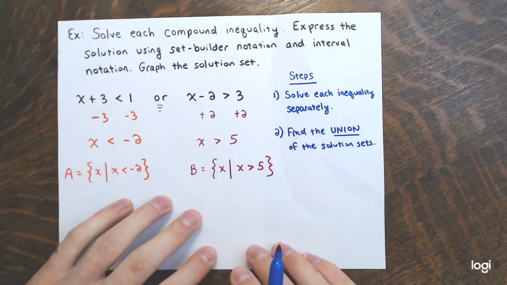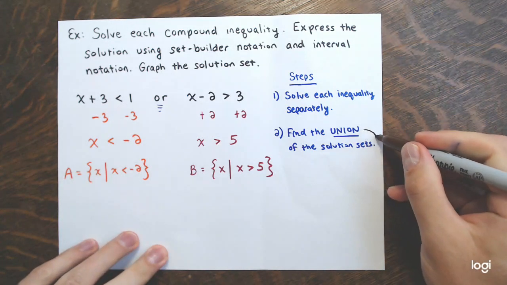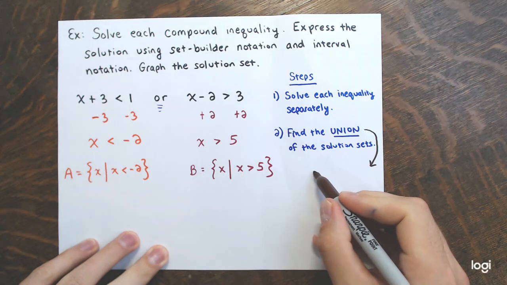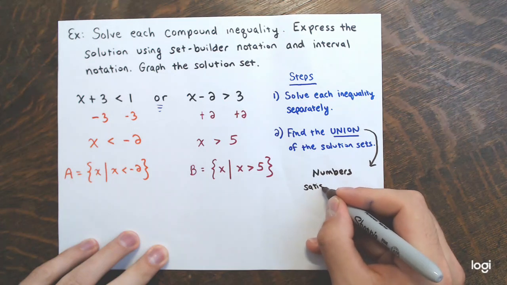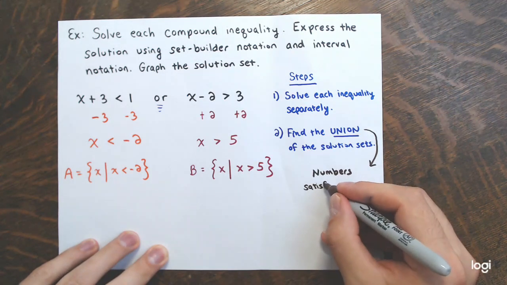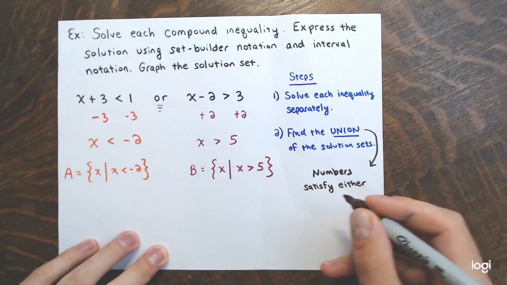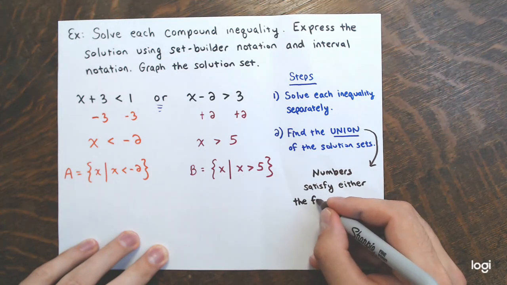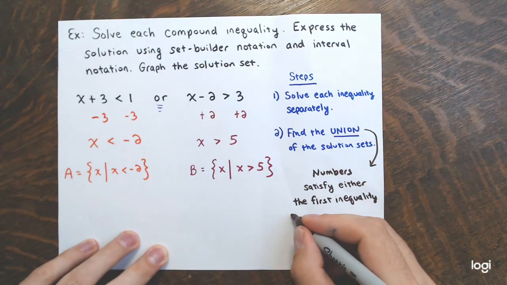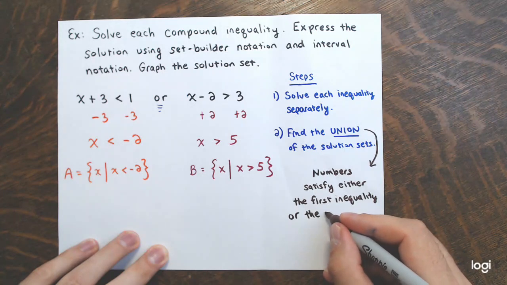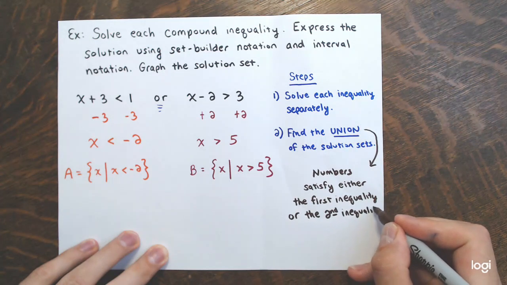Okay, so the union. When I say find the union of these sets, we're going to be finding what numbers satisfy either the first inequality or the second inequality, or both.